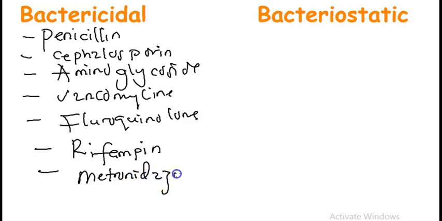But to make things ridiculously easy, we can use a mnemonic in order to memorize this. This is how the mnemonic goes. But for penicillin and cephalosporin, I don't really have any mnemonic for that. So you just have to be patient and cram it that way. So the mnemonic goes like this.